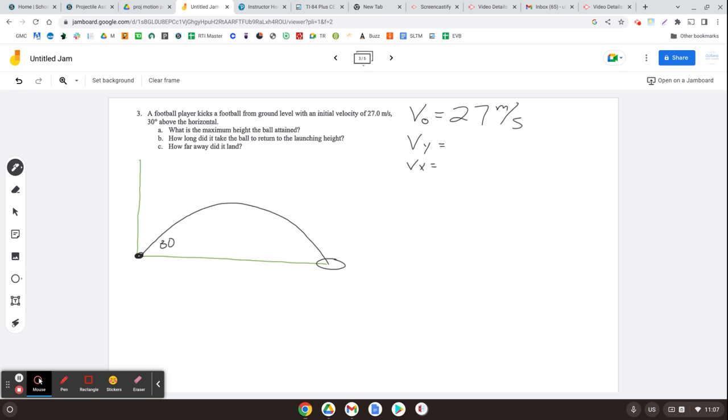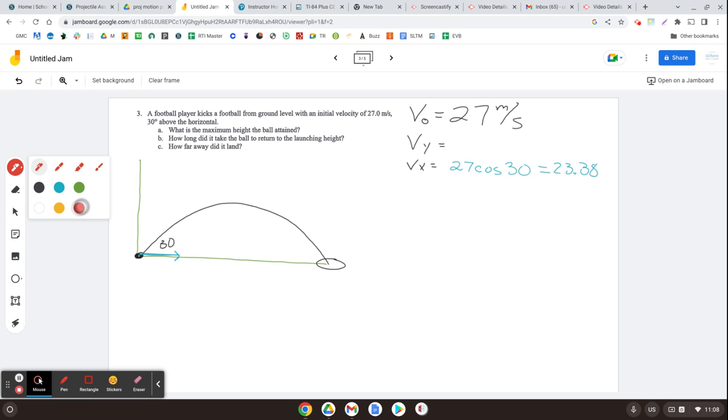Sorry, our initial velocity in the x is going to be the cosine. So that's going to be 27 times the cosine of 30. Okay, so that's 23.38. Make sure your calculator's in degrees.